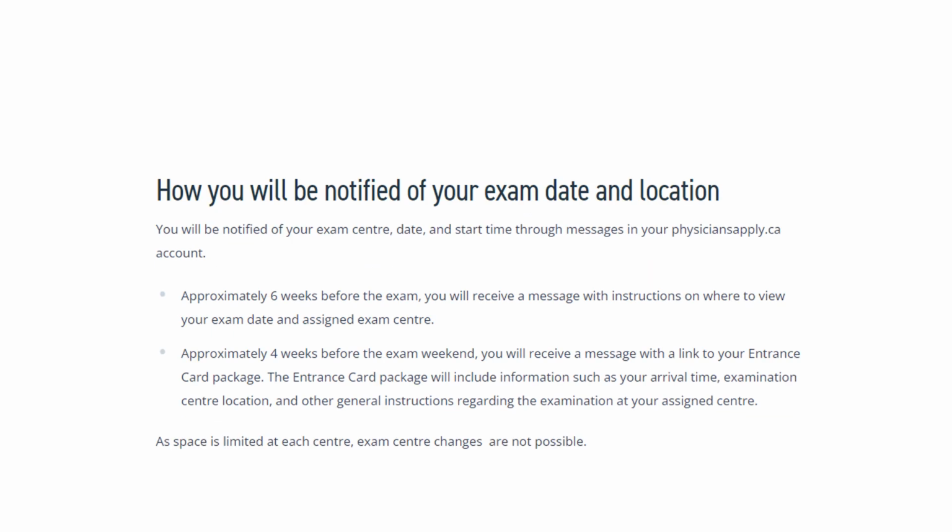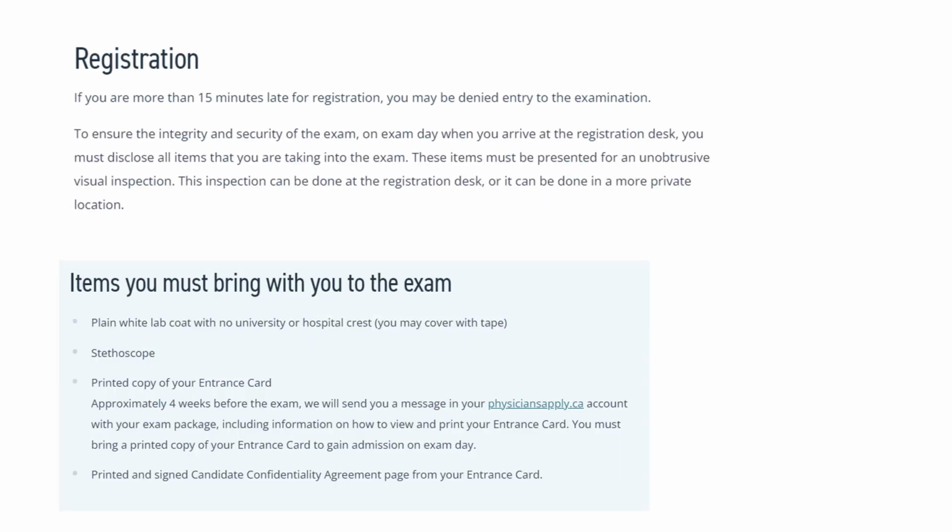Approximately 6 weeks before the exam, you will receive a message with instructions on what is expected of you. You'll receive an entrance card package, which will have your candidate code and all the instructions related to the exam, where your center is, what time you're supposed to come there, and what things you're supposed to carry to the exam center. So essentially, you are going to be there as a doctor.